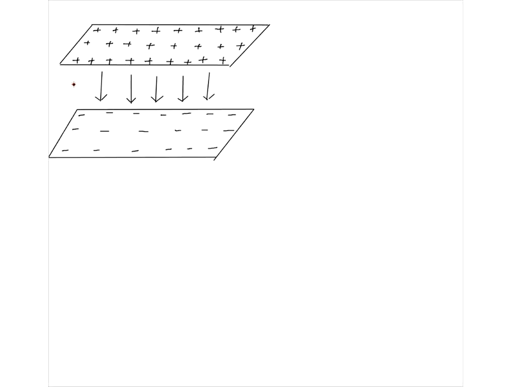And if you fire a charge in this region, just like a bullet fired horizontally, earth is pulling the bullet down. Exactly like that it happens. So you fire a charge horizontally, just like you would fire a bullet horizontally.